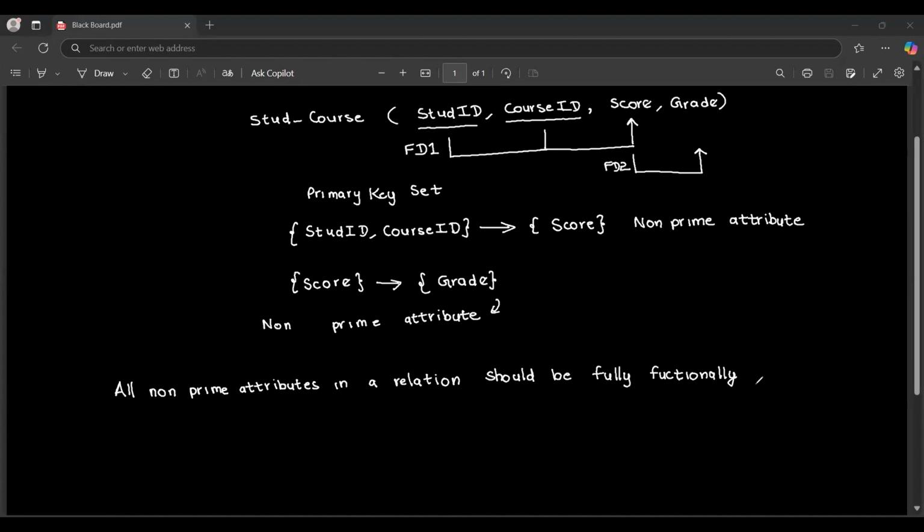So they should be fully functionally dependent directly on the prime key, or we can say the primary key, not through another non-prime attribute.